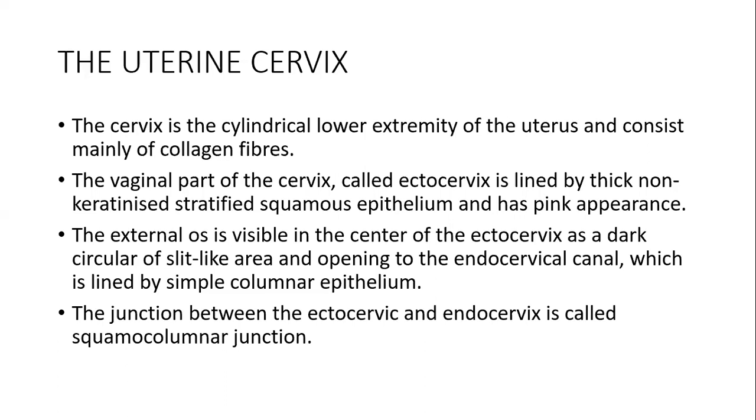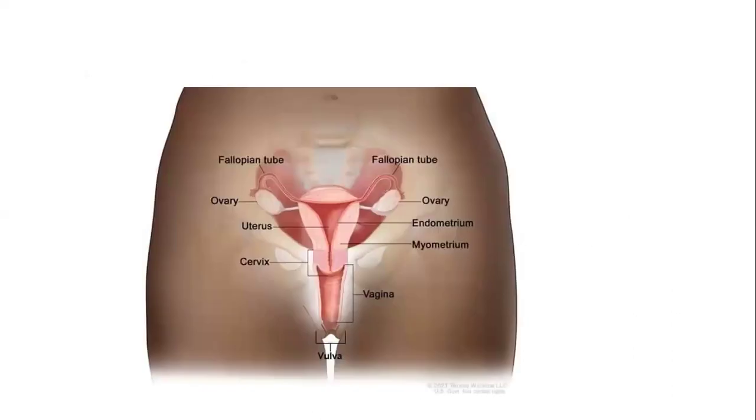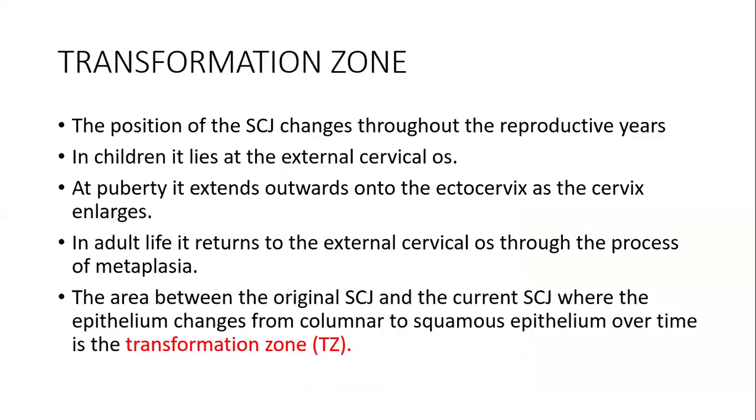There's a junction that exists between the ectocervix and the endocervix, known as the squamocolumnar junction, which is of importance when it comes to cervical cancer. This is just a brief picture showing us the region of the cervix. As one grows, the squamocolumnar junction also changes throughout the reproductive years. In the early years, it lies at the external cervical os, just outside the ectocervix.